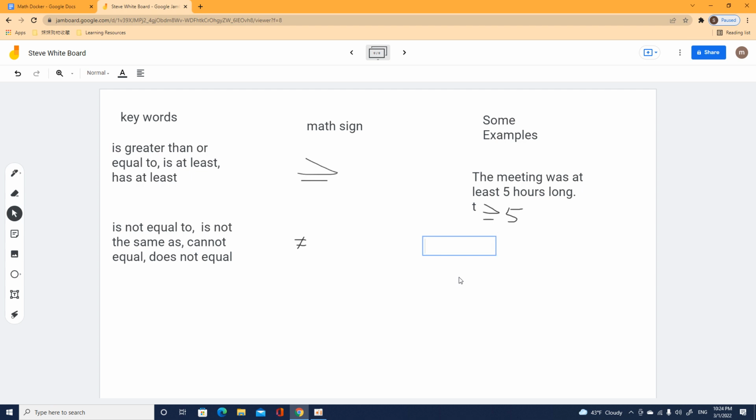For example, it says my total money is not equal to $15.